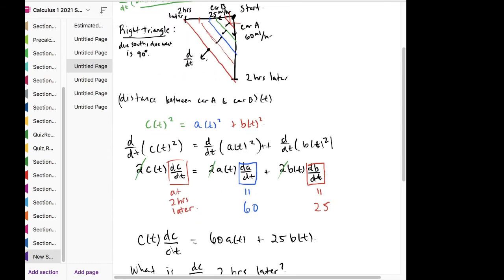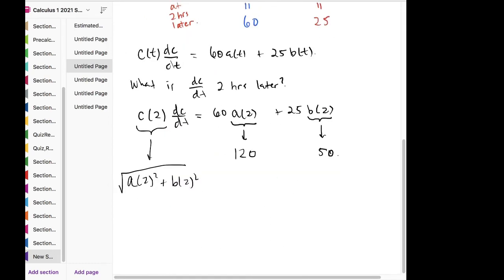Okay, so let's express that. Whatever that is, the square root of 120 squared plus 50 squared times dc/dt is equal to 120 times 60 plus 25 times 50.